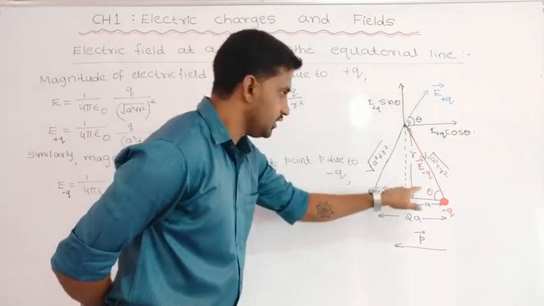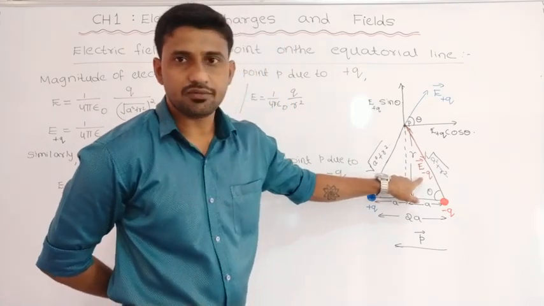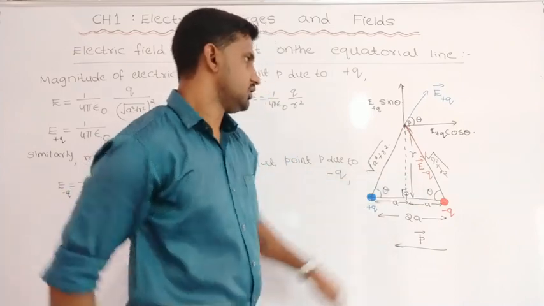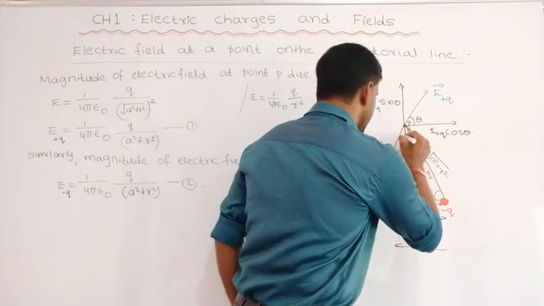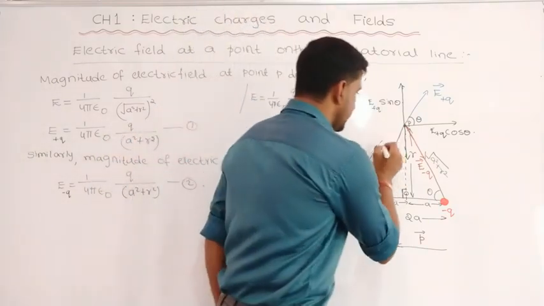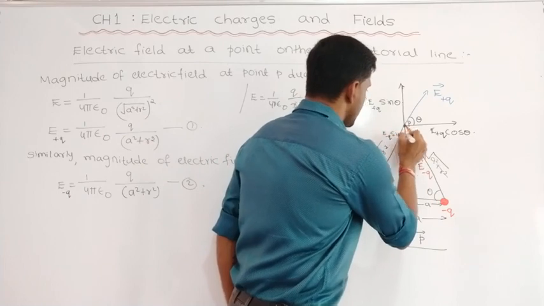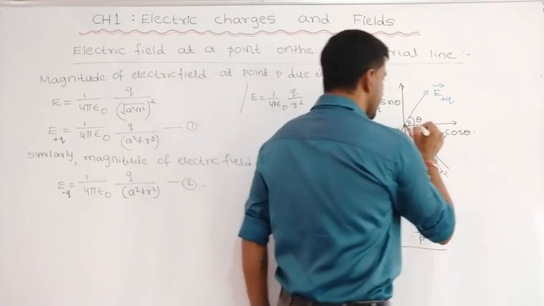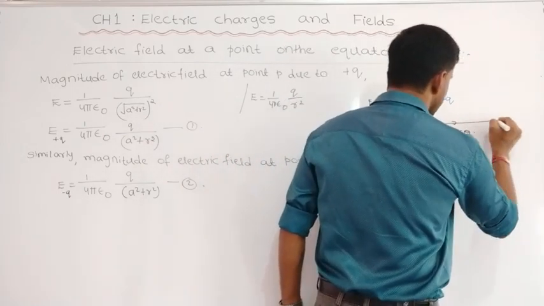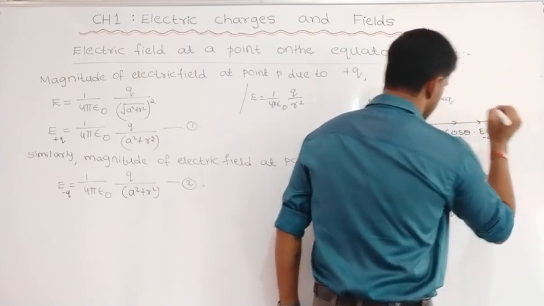Then this is the resolution of vector for electric field due to positive charge, right? Now we have to consider resolution of vector in the case of electric field due to the negative charge also. This is the vertical component of electric field for the negative charge, and it can be written as E minus Q sin theta, and this is the horizontal component, E minus Q cos theta.